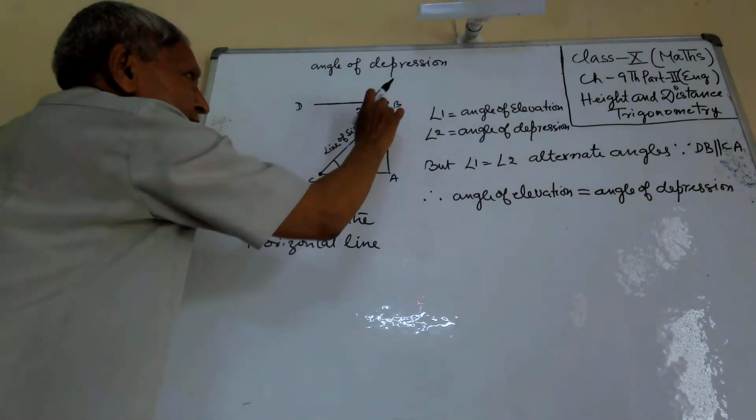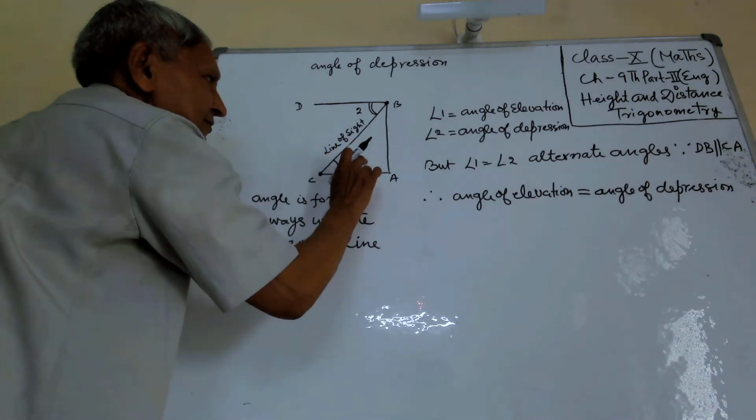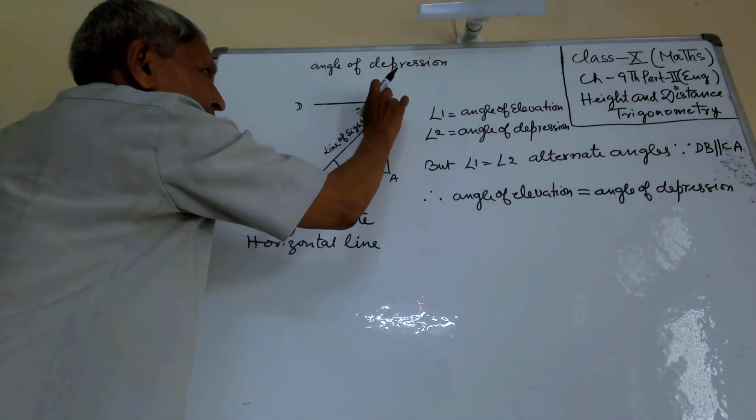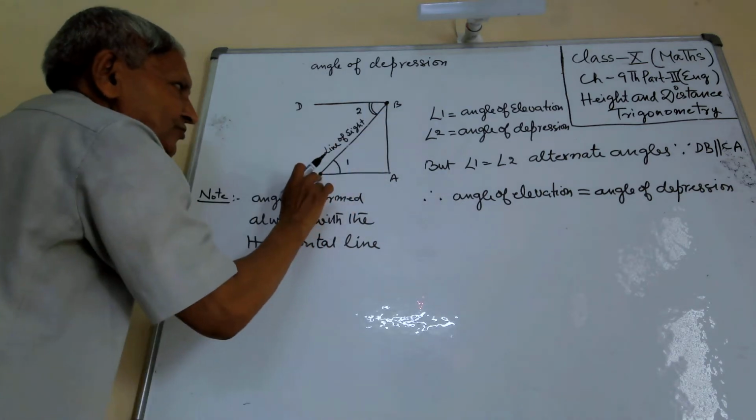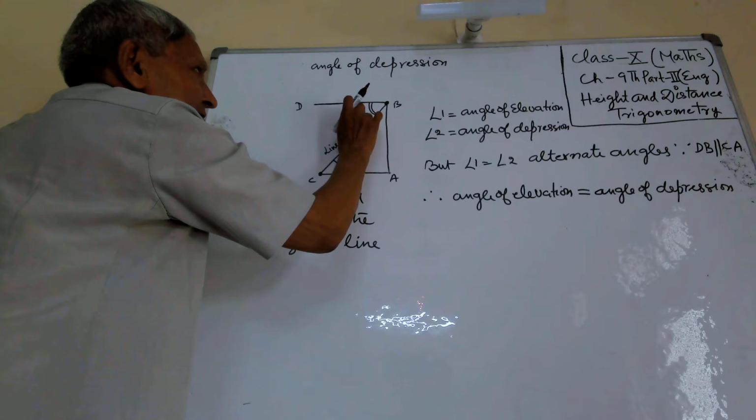Looking toward B, angle 1 is formed, the angle of elevation. Looking toward C, the angle of depression is formed, that is angle 2.